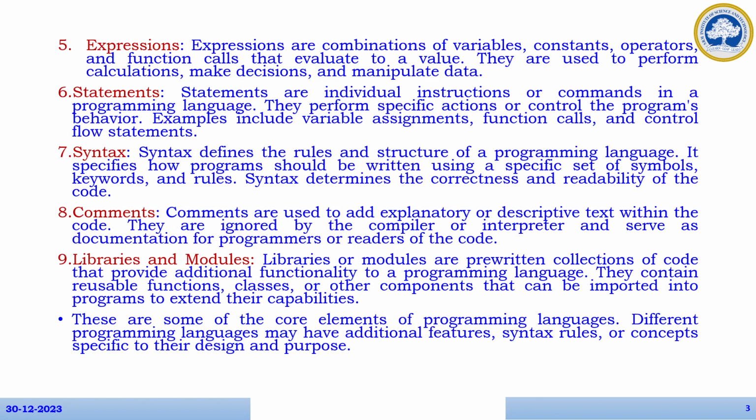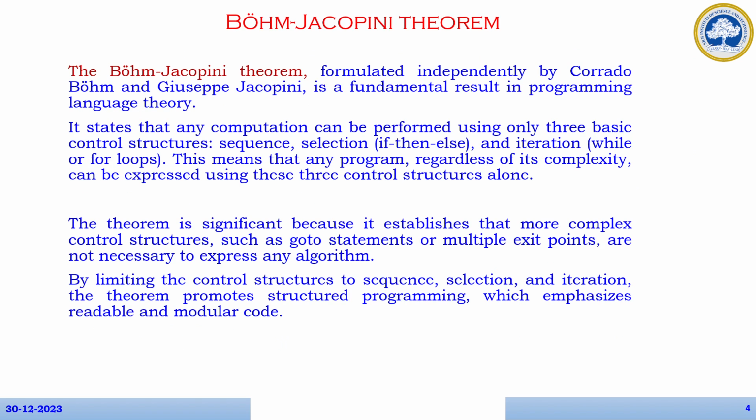They contain reusable functions, classes or other components that can be imported into programs to extend their capabilities. So these are some of the core elements of the programming language. Different programming languages may have additional features, syntax rules or concepts specific to their design and purpose.